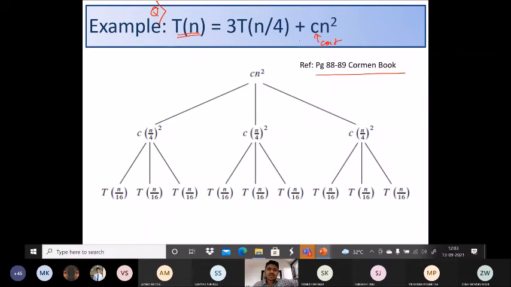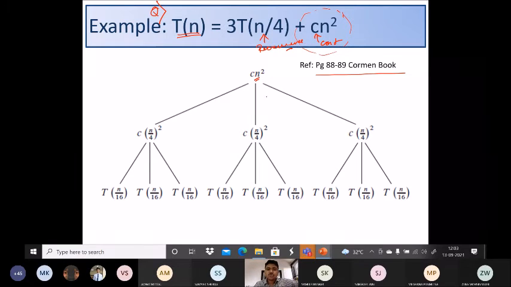Remember, this is the cost and this is the recurrence. You should always start from the cost. So write the cost here, cn².